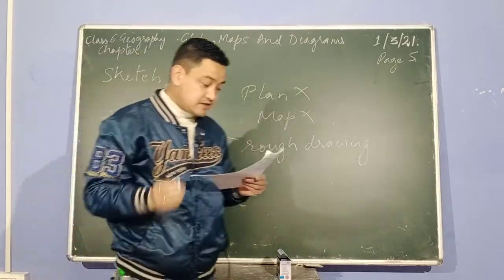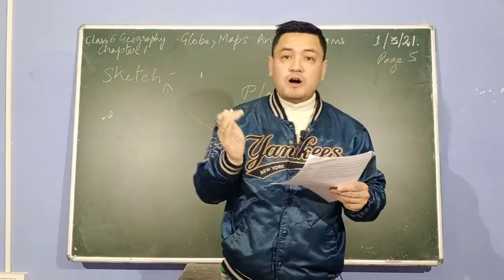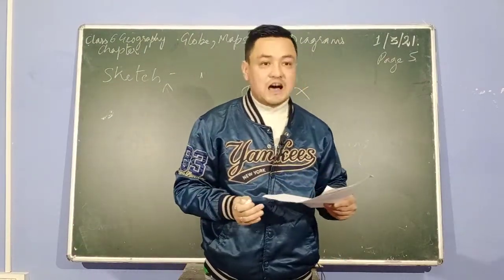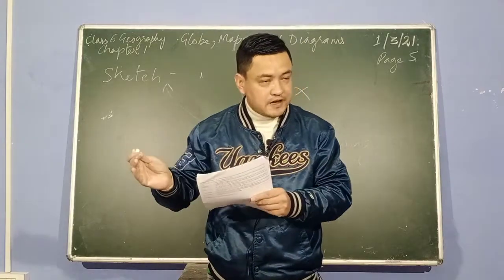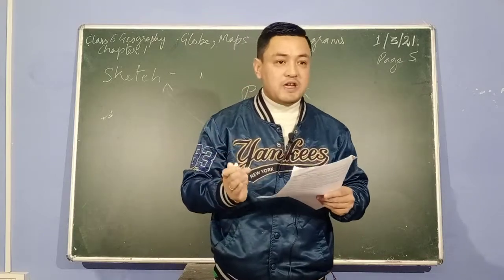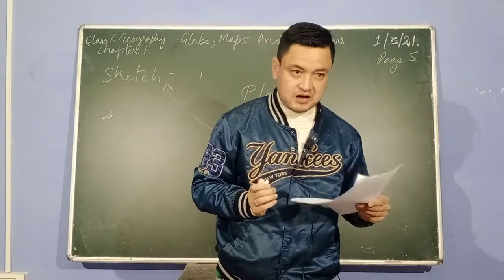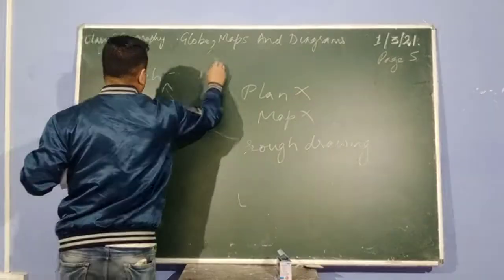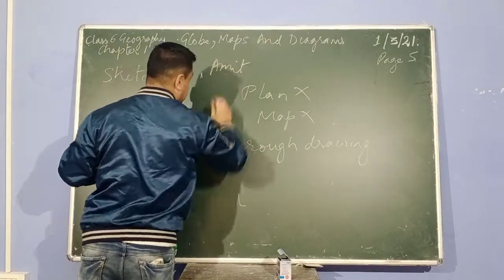Suppose, that time I told you, Amit wants to go to Sujit's house. One of your friends wants to go to another friend's house, but does not know the way to Sujit's house. Are you getting my point?